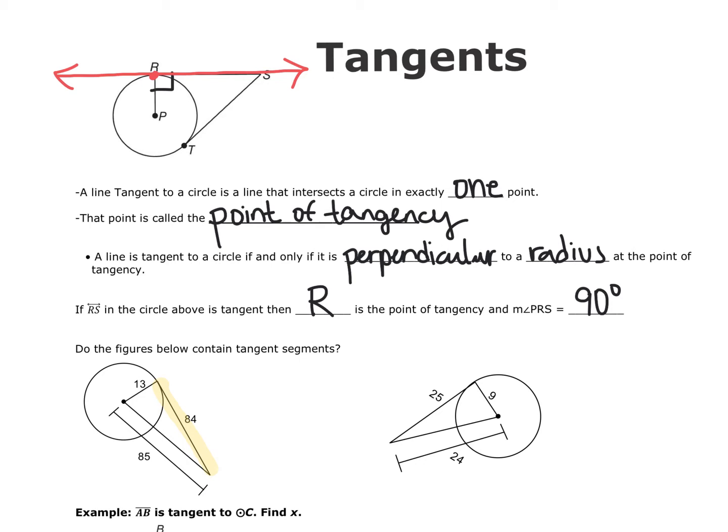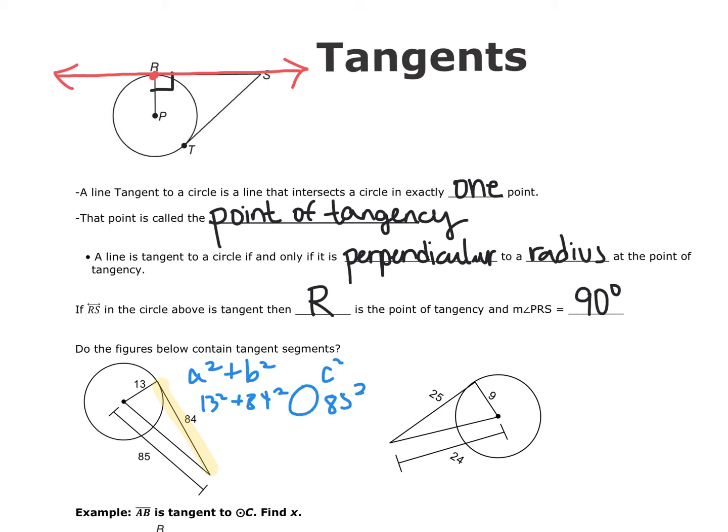We are checking to see if this is tangent by using the Pythagorean theorem. We have a squared plus b squared, and we want it to equal c squared. So 13 squared plus 84 squared, and 85 squared.